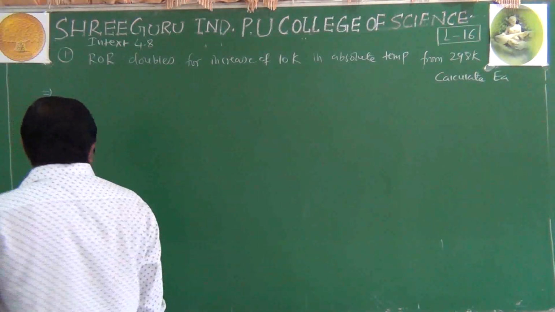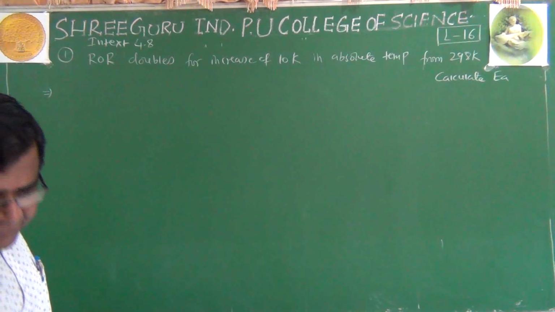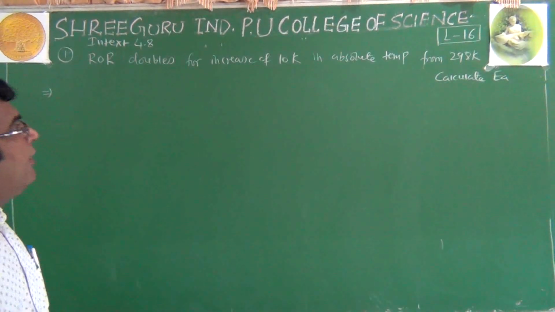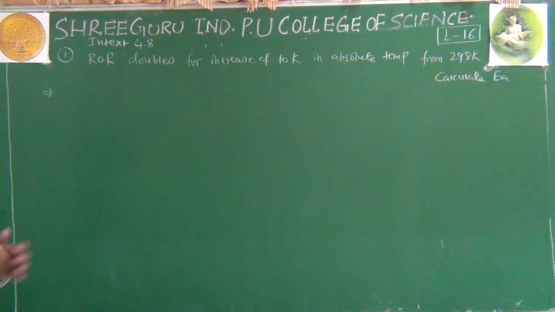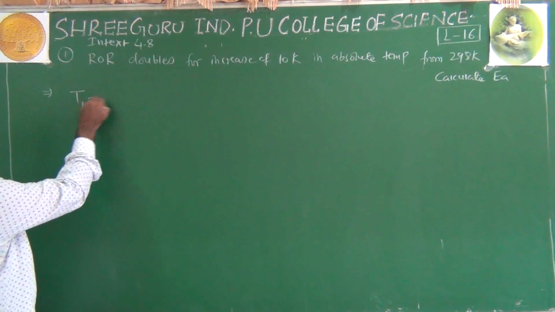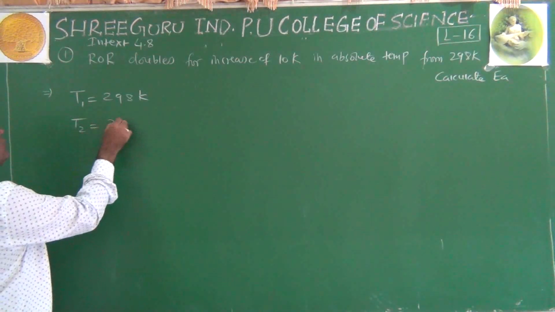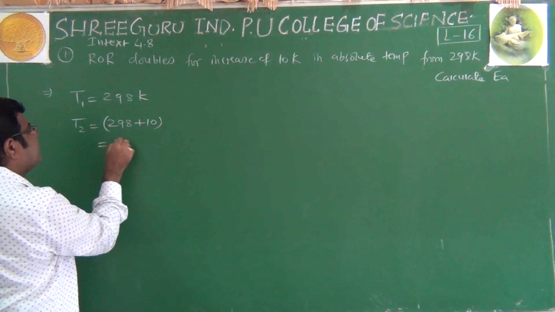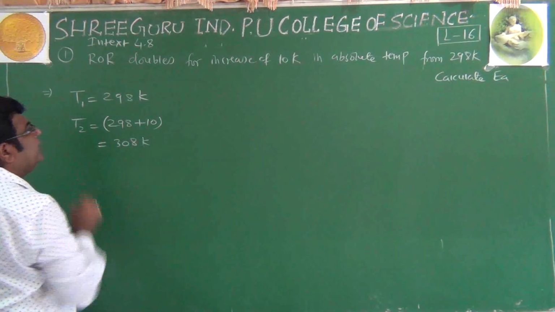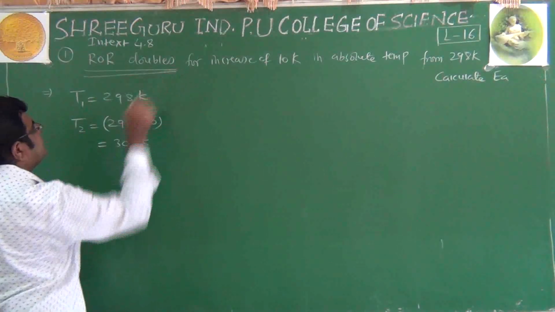Now what information we have been given in this question? We can easily see that there is an increase of 10 degree or 10 Kelvin temperature from 298 K temperature. So we can say that T1 is 298 K, T2 is 298 plus 10, which is 308 K, and they said rate of reaction has been increased by 2 times.